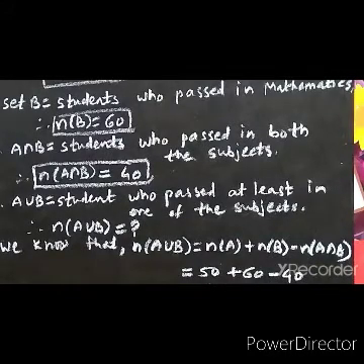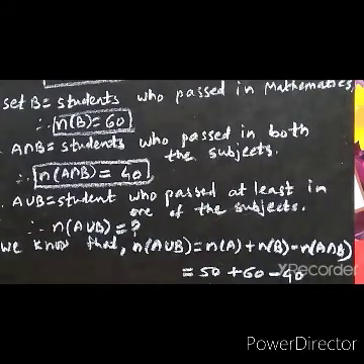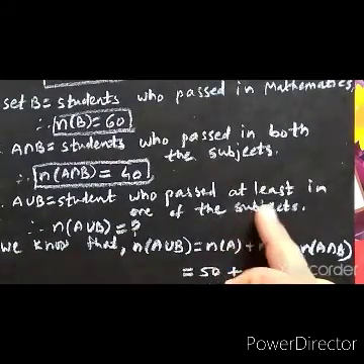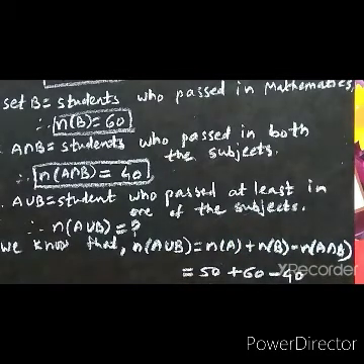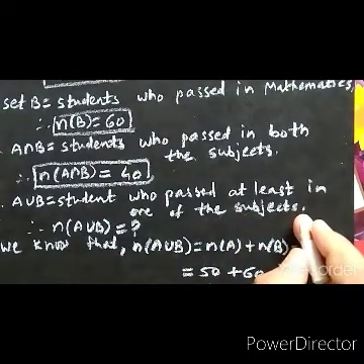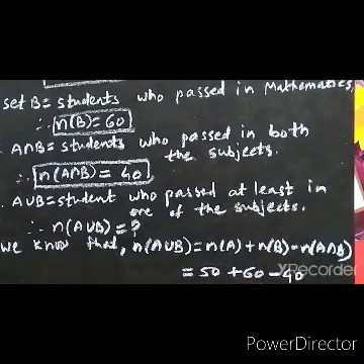So here we got N of A union B, that is students who passed at least in one of the subjects or passed in English or maths.